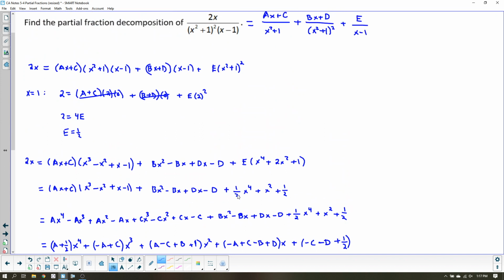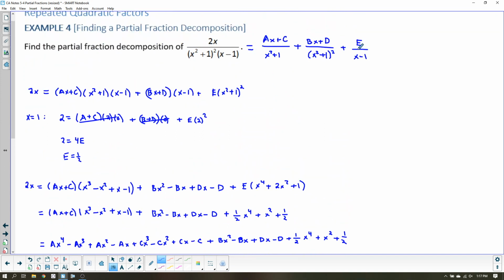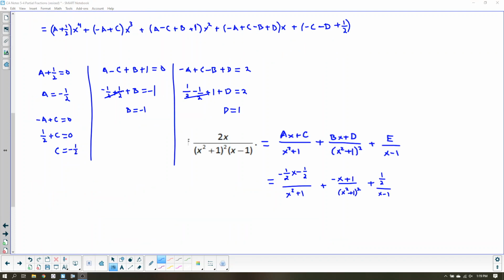Okay, so we need to just go back and put all of those things into this expression. So I'm going to pause it so that you don't have to painstakingly watch me write this, and then we'll come back here. Okay, so I just copied this down here again, plugged in all the values that we have solved for, and so we're basically done, but we want to clean this up.